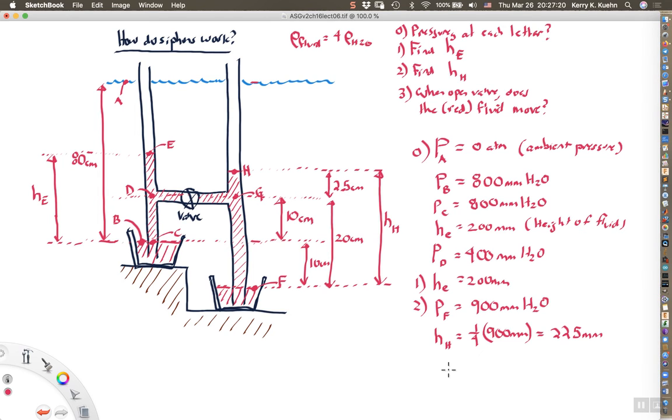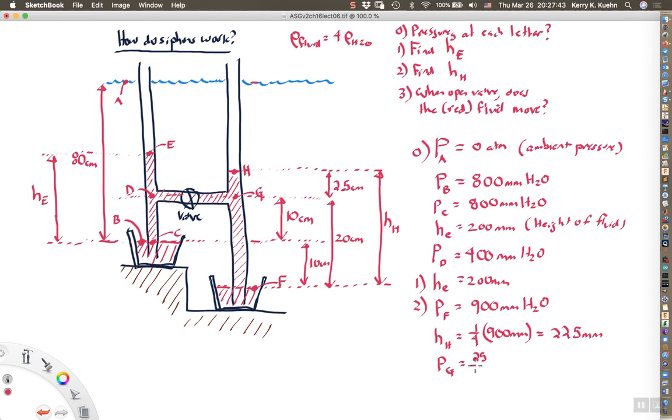That is going to allow us to figure out the pressure at point G. The pressure at point G is going to be equal to a ratio of the pressure difference between H and F.